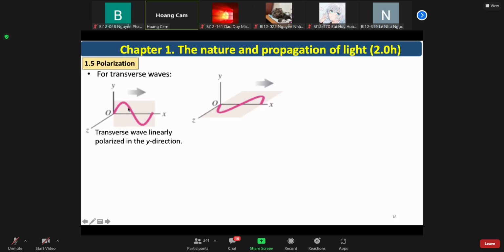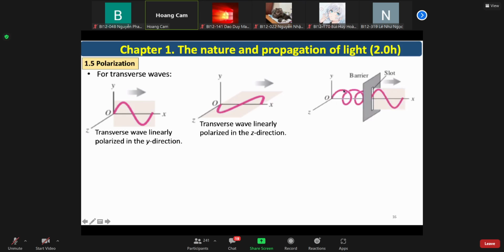And if this oscillation is only along one direction, only along the Y direction here, we say that it is linearly polarized. Later on you will have the concept of circular or elliptical polarization as well. We will discuss this later on. And in this case, the transverse wave is linearly polarized as well, but in the Z direction. You see, along the Z direction. Clear, right?